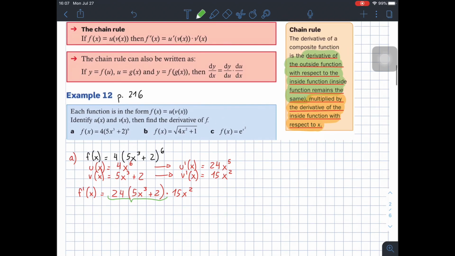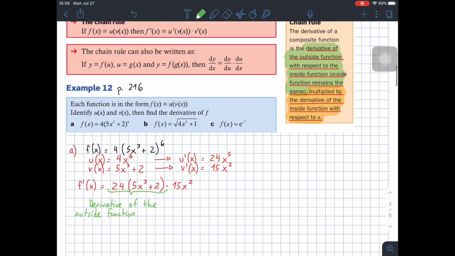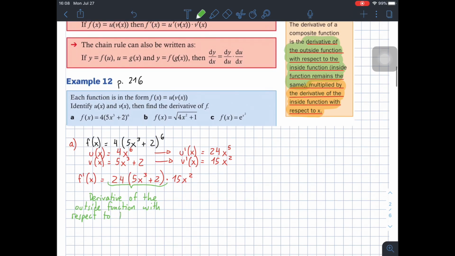It's the derivative of the outside function with respect to the inside function. And this means that the inside function remains the same.